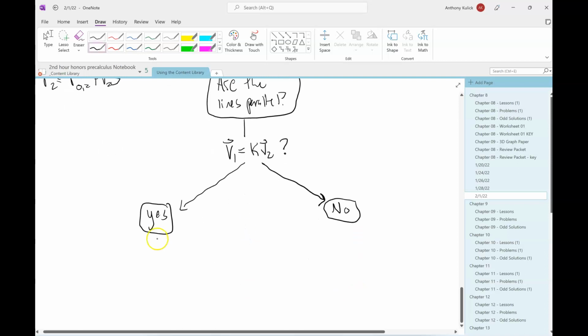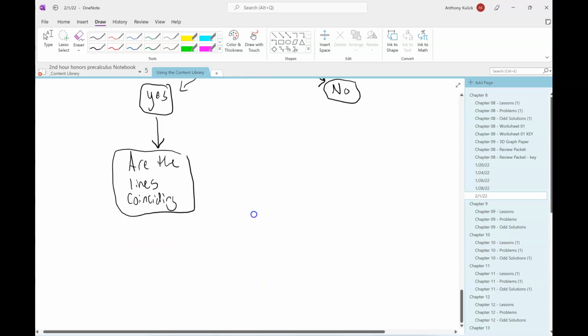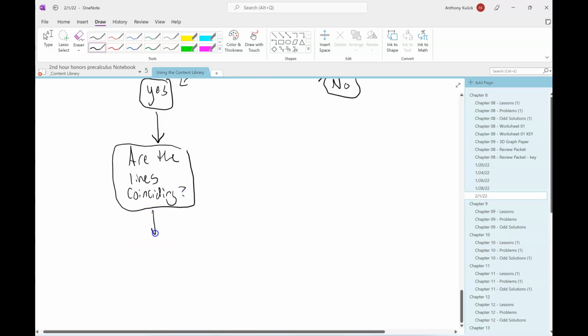So if those 2 directions are scalar multiples of each other, we check, are the lines coinciding? To do that, what I want to check is that if the point vector from line 1 is on line 2.